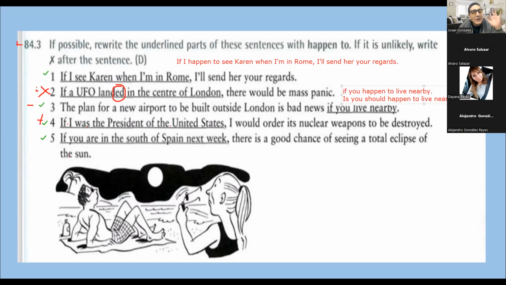But let's imagine you are running the campaign for the presidential elections in the United States. So what would you say if you think it is possible? Well, in that case, the sentence would be, if I happen to be the president of the United States.